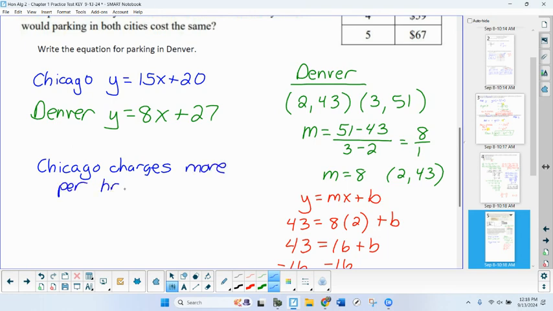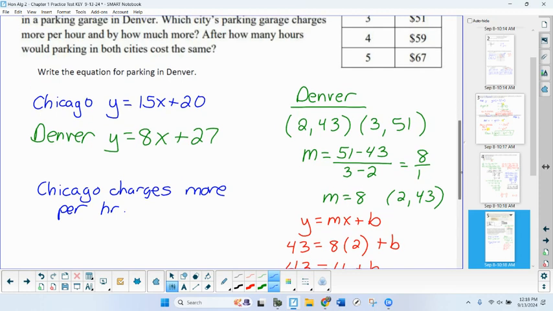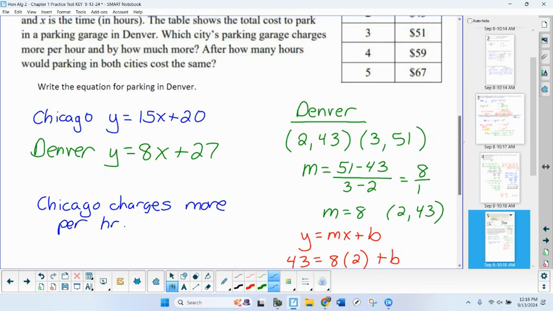And then it says, by how much more? How much does Chicago charge per hour? 15. How much does Denver charge an hour? 8. So by how much more? By $7 per hour.